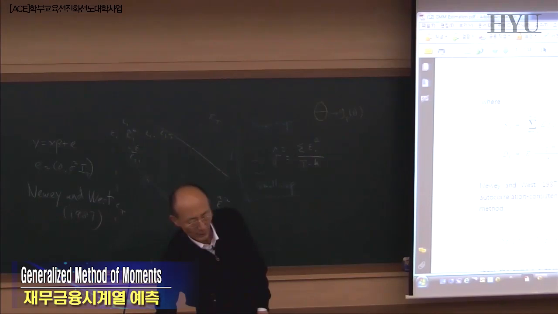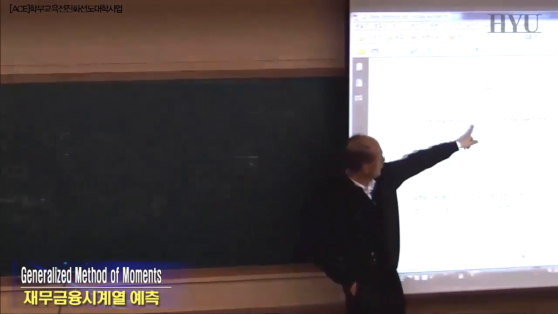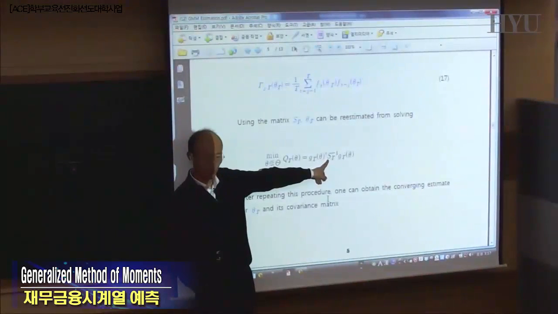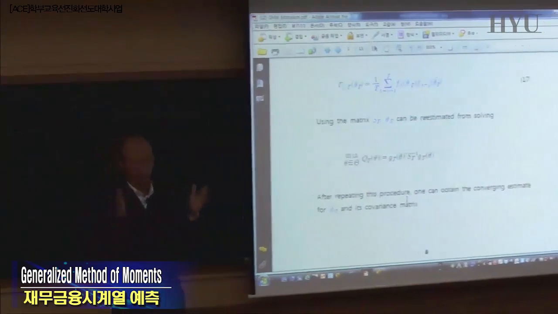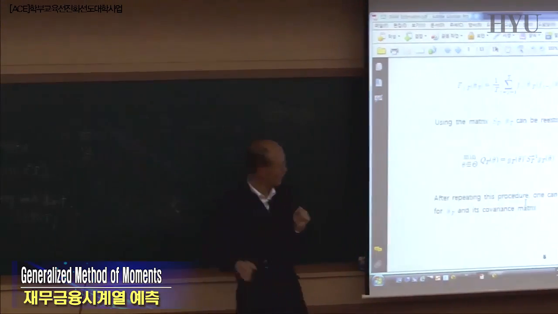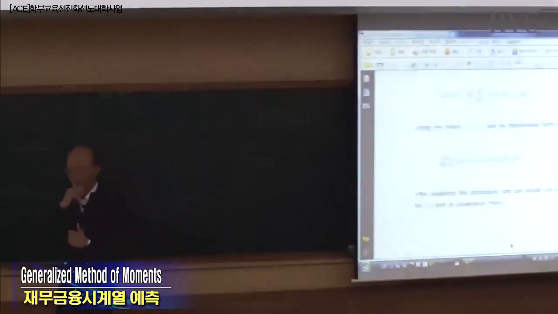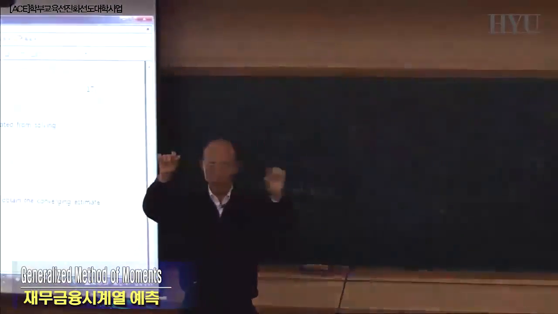So when you calculate this S using the first stage estimate of theta, in the second stage, use that as the inverse weight. So previously in the first step, we had W, which is the identity matrix. In the second stage, you have this one replaced by that. Okay? So the story was like this. You have moment conditions, 2n of them, right?